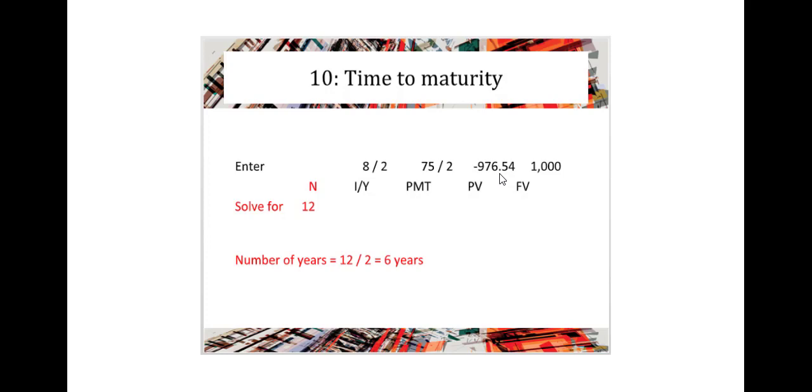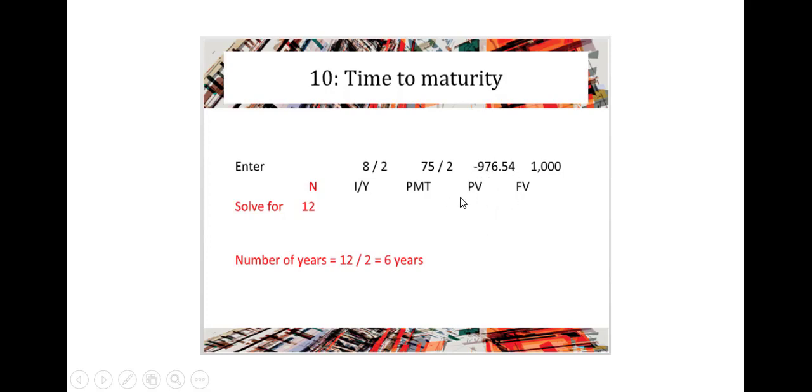Both the payment and the future value are positive, as you would receive the semi-annual interest payments as well as the bond principal at maturity if you own this bond. So that's why the PMT value is positive and the future value is also positive, because these are the amounts you will receive, and this is the amount you will pay when you buy the bond.